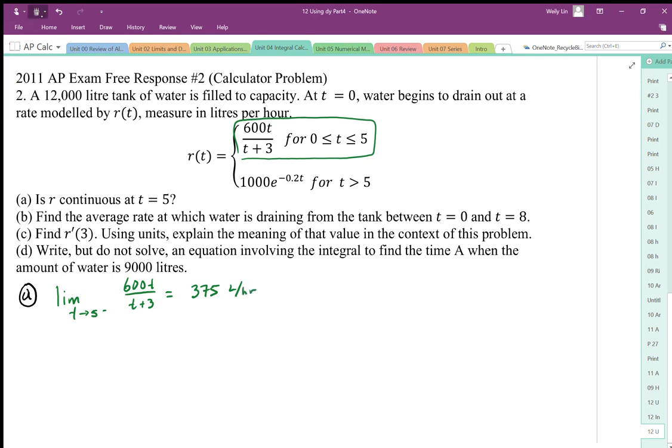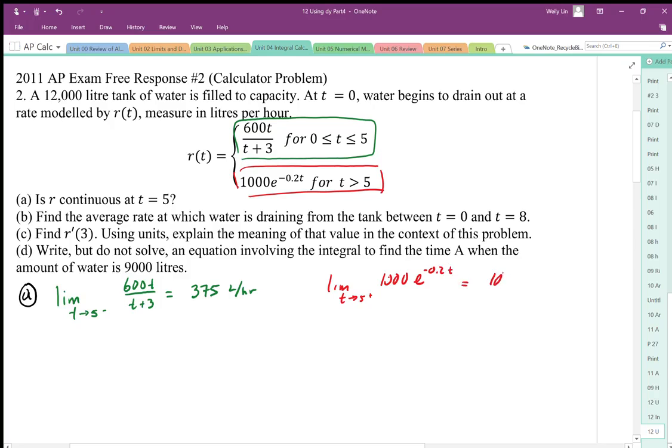Now I need to do the same thing from the right hand side. So it's going to be defined by this function on the right hand side. So then I check the limit as t approaches 5, now from the right hand side, and I'm going to try it in this function. So when I do that, I end up with 1,000 e to the negative 1.